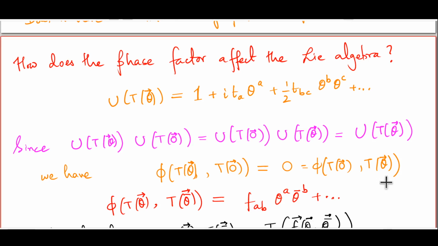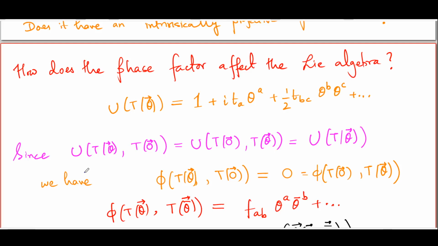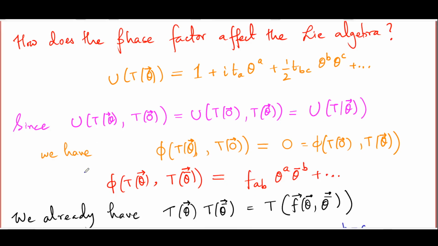Of course, you can have higher order terms, and usually you will, but we will see that this particular term, F_AB theta^A theta bar^B, is of the biggest importance as far as we are concerned. On top of this, let me remind you that since we are dealing with a Lie group, we are dealing with symmetry operations which are parameterized by a bunch of parameters, of course. But when you compose two such symmetry operations like t parameterized by theta with t parameterized by theta bar, the resulting symmetry operation will be parameterized by f of theta and theta bar, where f is a vector valued smooth function.